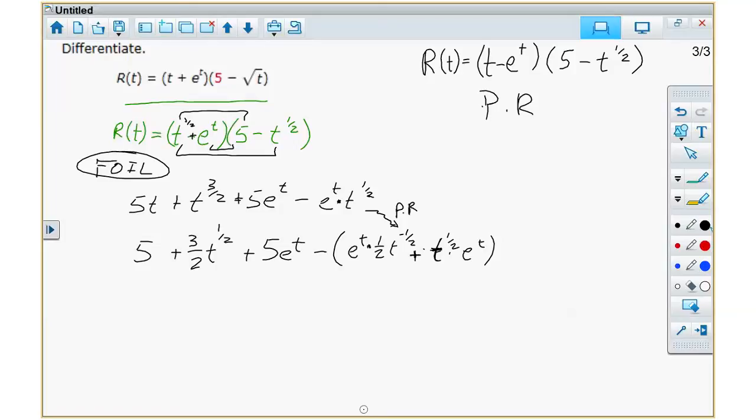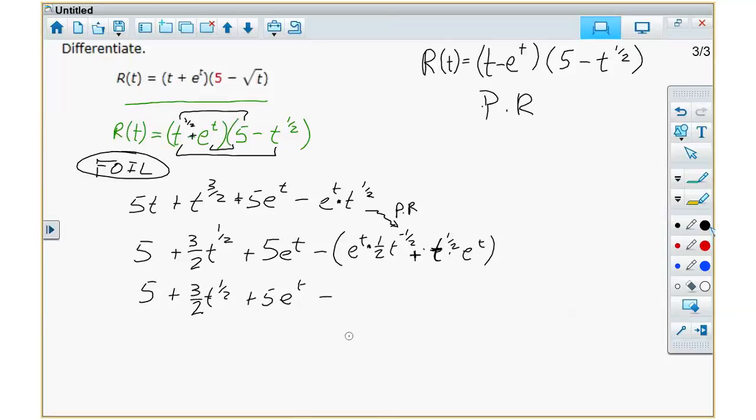And that's going to be 5 plus 3 halves t to the 1/2 plus 5 e to the t. And then this, you could actually take this down. That's going to be the square root of t. And 2 square root of t and e to the t on top.